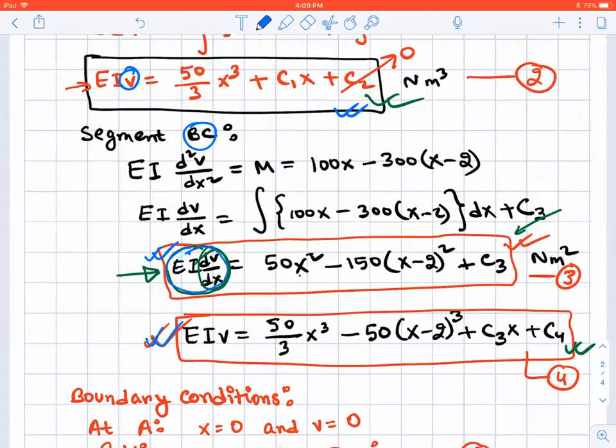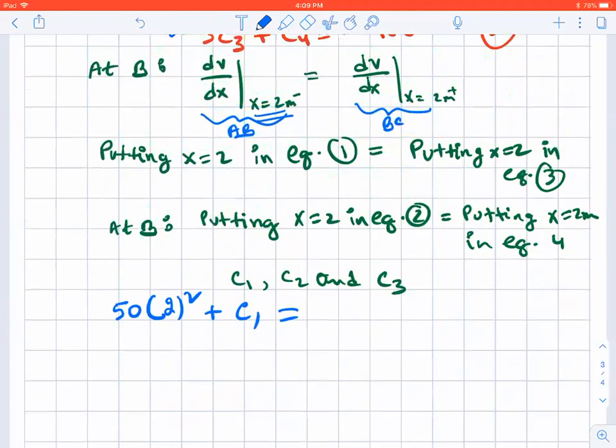So I have 50 times 2 squared, minus 150 times (2 minus 2) squared, plus C3. And you will see that we get C1 is equal to C3.